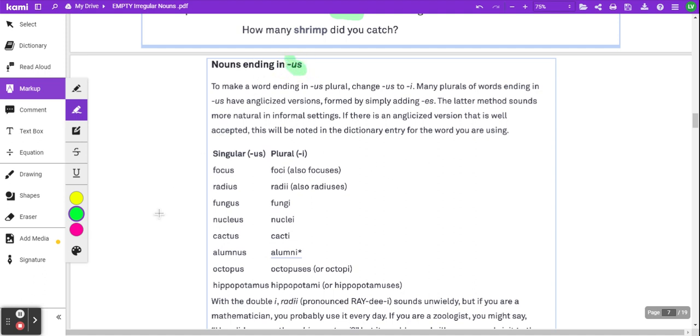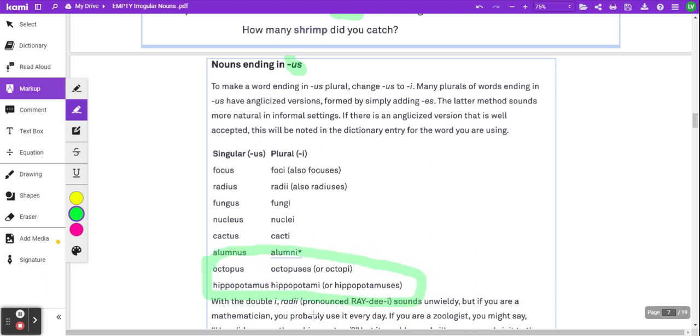Muchas de esas palabras tienen origen de Latin, idioma Latin, es más científico, académico, son palabras más antiguas, they're older. Focus, foci, radius, radii, fungus, fungi, nucleus, nuclei, cactus, cacti, octopus, octopuses, or octopi. So esa es a lo mejor la única, or hippopotamus.